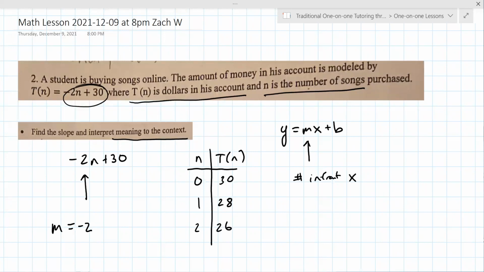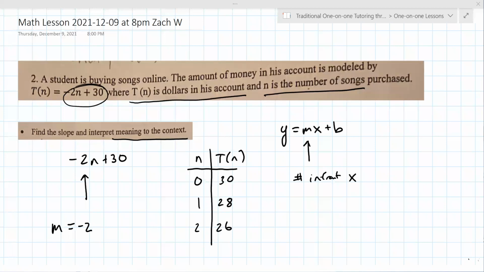So that's what needs to be written. Y equals mx plus b. All right. So then would you write it as like? I would write exactly what you just said as the interpret meaning. Is that okay? Yeah. And then we can find T of 0, but that's the next part.